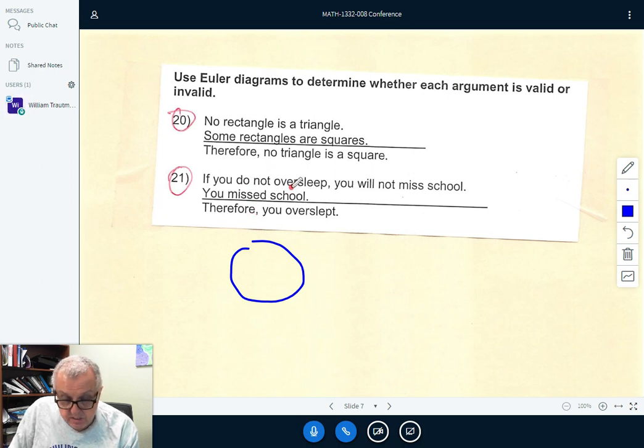So this is a tough one. This is not oversleep. If you do not oversleep, you will not miss school, and this is not miss school.